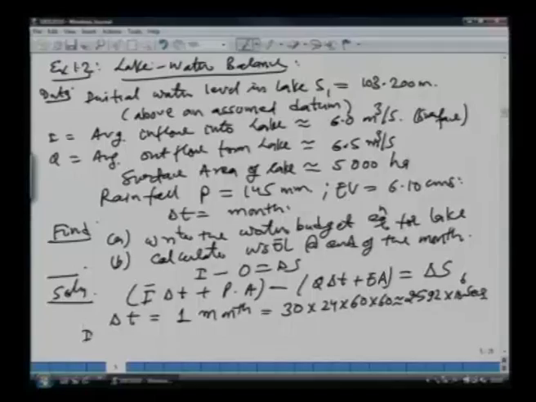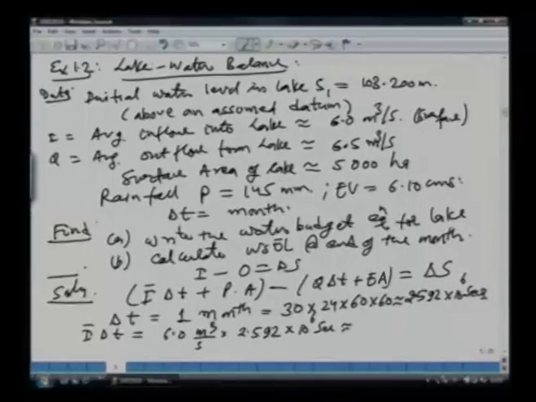So, I delta T will be equal to 6.0 meter cube per second times 2.592 times 10 to the power 6 seconds. Seconds cancel out, so it will be approximately 15.552 million meter cube. So, this is the total volume of water that enters into the lake in the whole month.